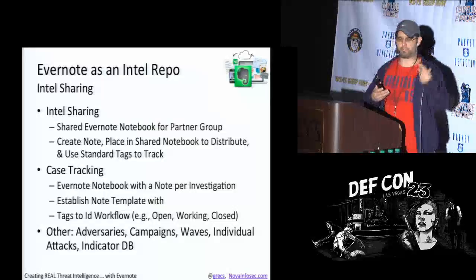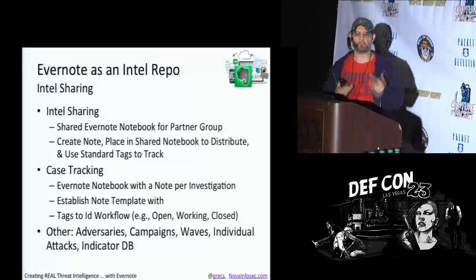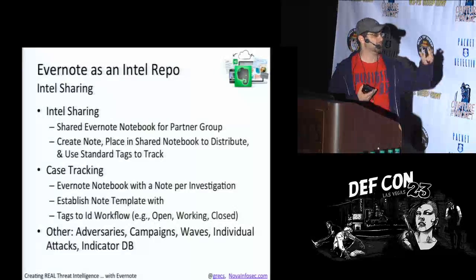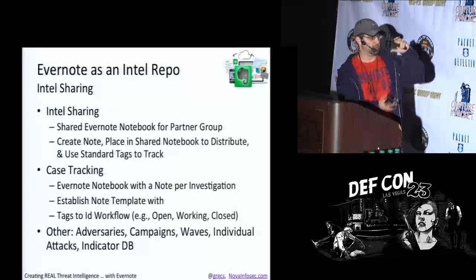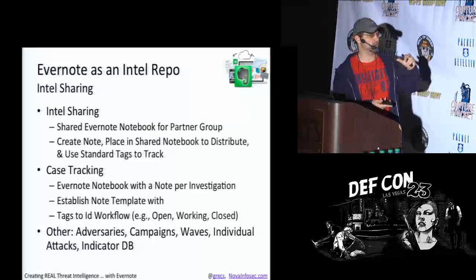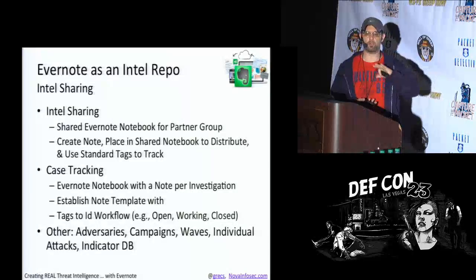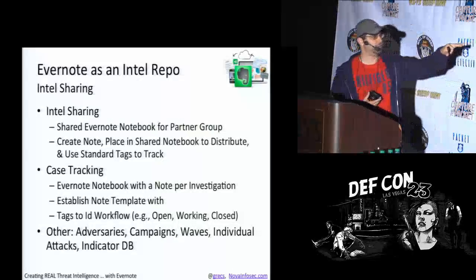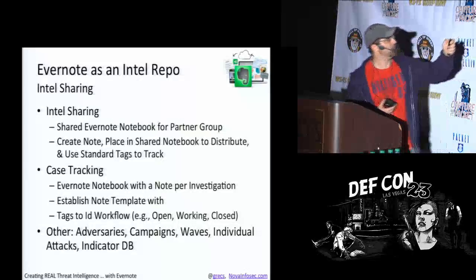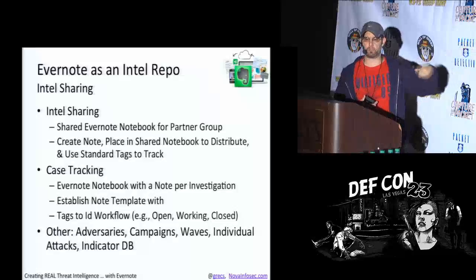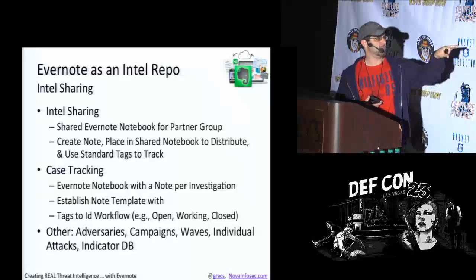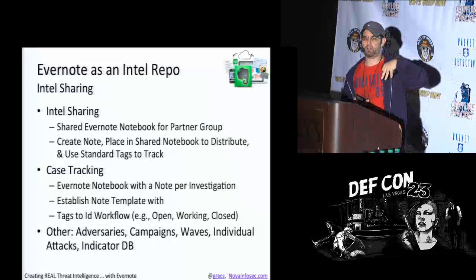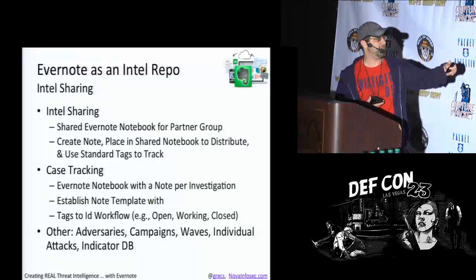As you build your intel and learn more about one adversary, you can build a note for each adversary in that notebook. The cool thing is I can tag that with my case tracking system, so I could easily look at a particular adversary and see all the cases that are associated with it.